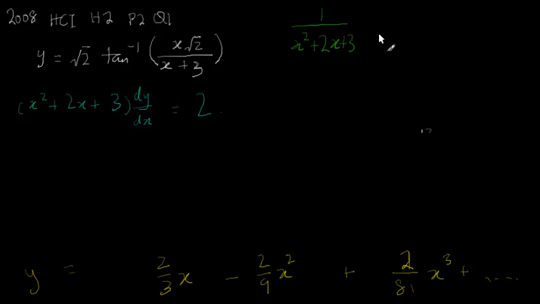We need to expand this and find the first 3 non-zero terms. So 1 term, 2 terms, 3 terms. That's what we need to do.